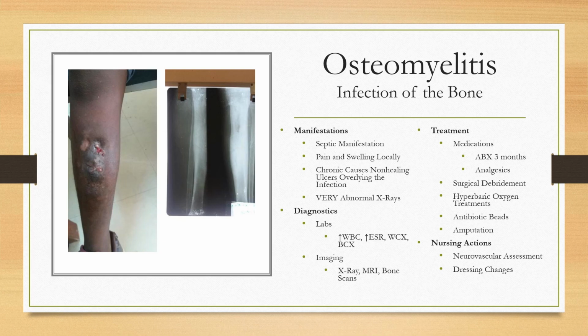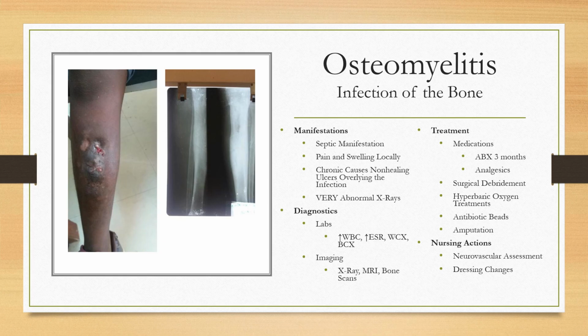Surgical debridement is where they open up that wound you're seeing there on the left in the image, clean it out, and take away the dead bone that's never going to recover. Hyperbaric oxygen chambers are chambers that patients can go into with pressurized oxygen, and that's been shown to improve oxygenation of the tissue and help with the healing of the wound.